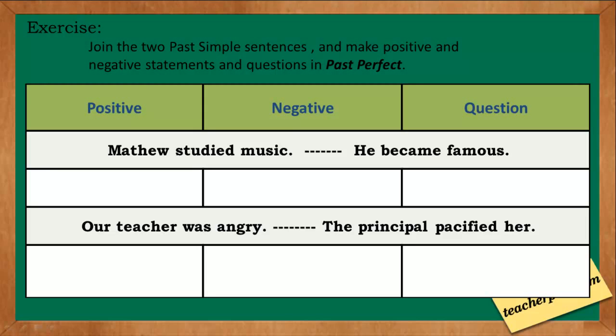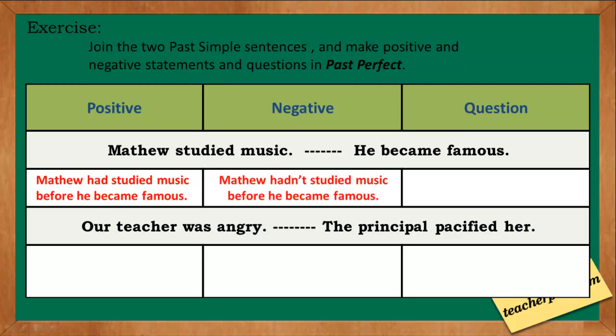The correct positive statement should be Matthew had studied music before he became famous. The negative sentence is Matthew hadn't studied music before he became famous. And the question is, had Matthew studied music before he became famous?